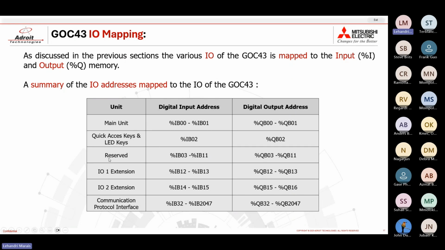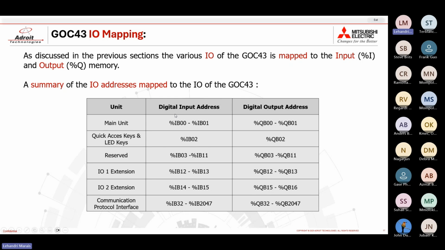Just a note here, the range of byte 3 to 11 for both your input and output is reserved. So it does not have a function, but it's not usable memory.